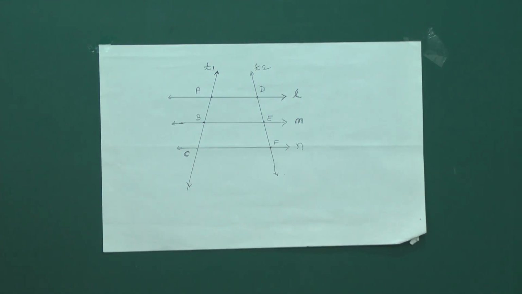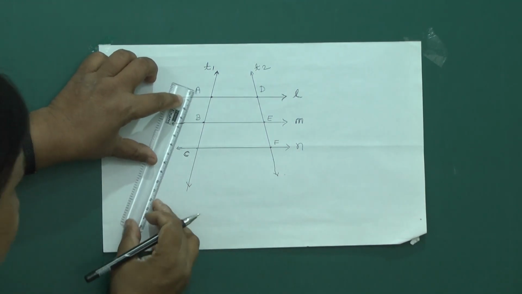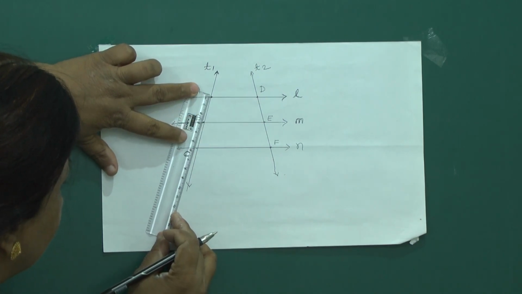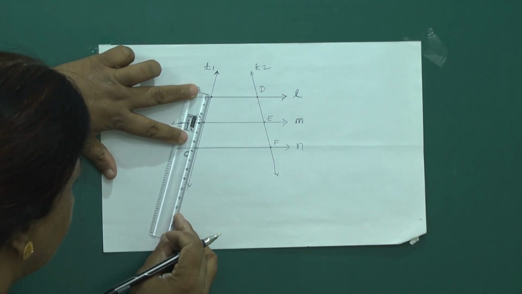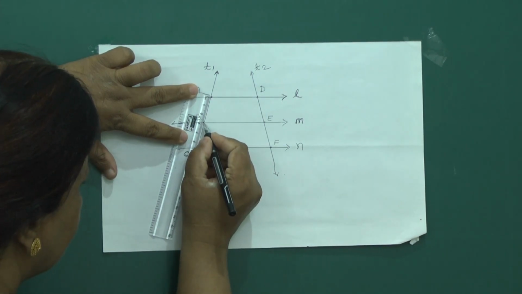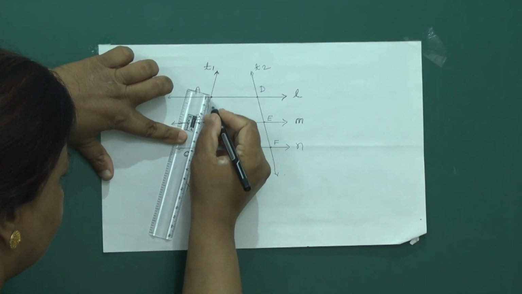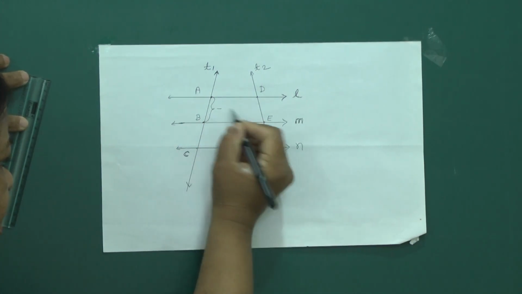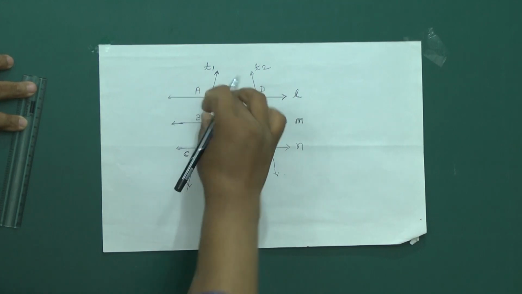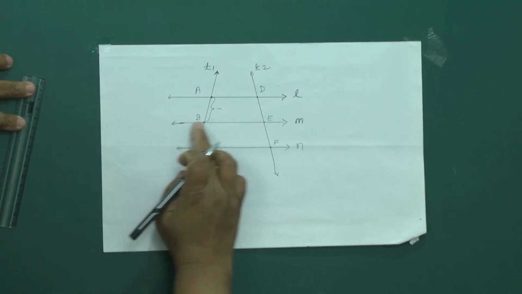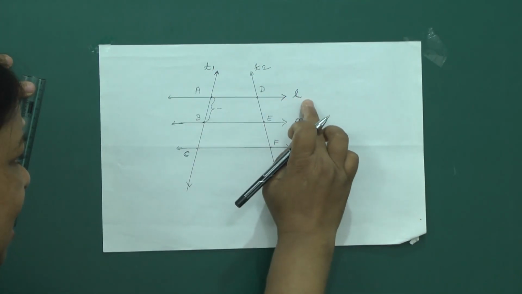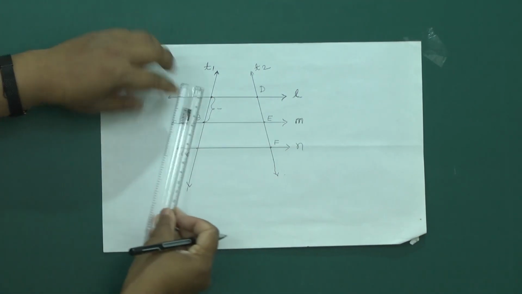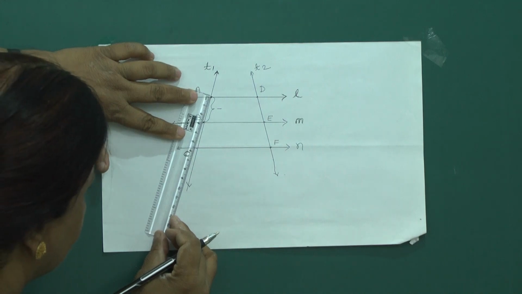Now we will measure the intercepts. You can see children here, this is known as an intercept. Intercept means the portion of the transversal between line M and line L. What is the length of this intercept?